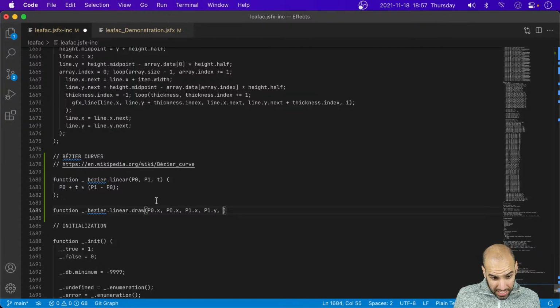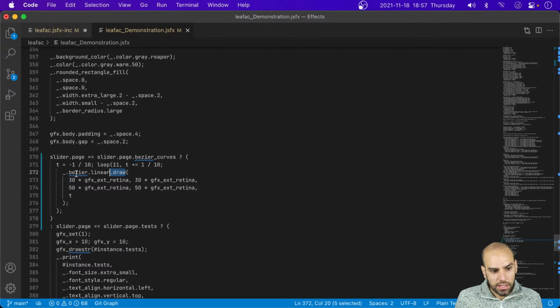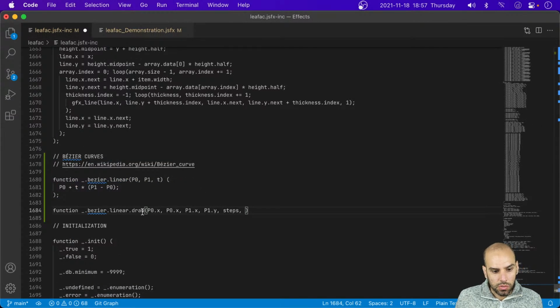In this case, I don't need t, but I will need the number of steps. I'm more or less making an auxiliary function to abstract this, because I know that I will need something like this over and over. So how many steps do I need? And I'll also get a color and a thickness for the line, but not right now.